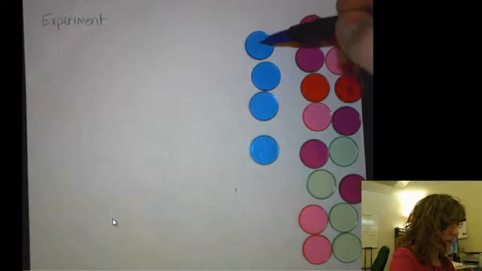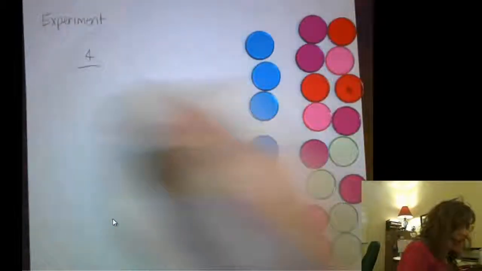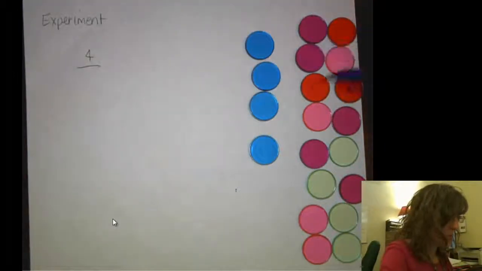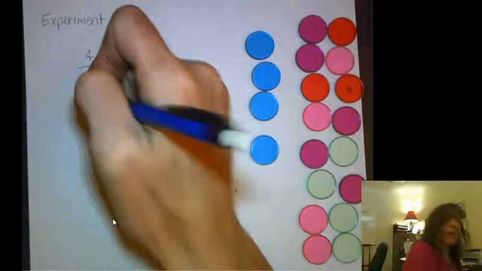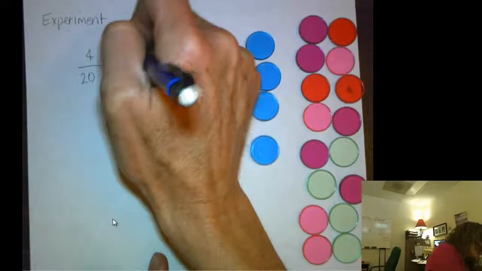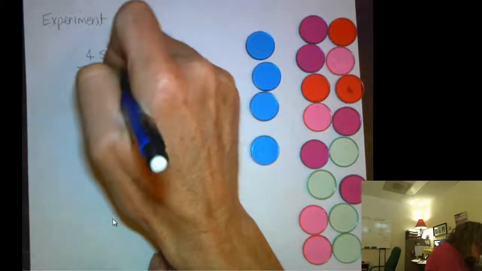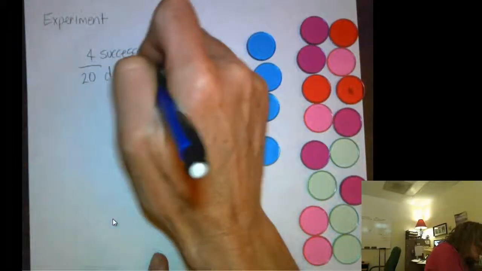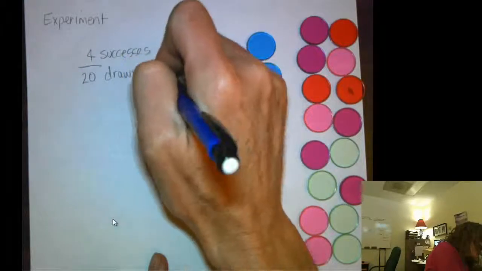I have 1, 2, 3, 4 successes out of 20 draws. 4 successes out of 20 draws or experiments.